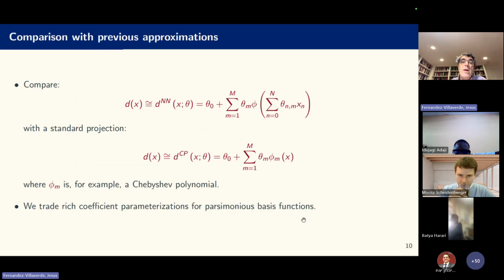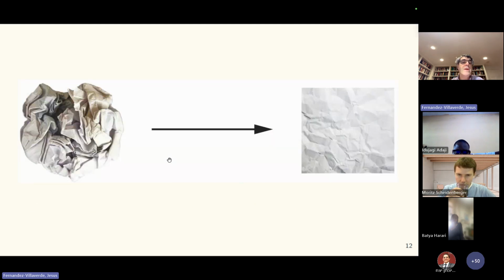A standard way to think about it is a famous example of unwrapping a three-dimensional ball. Imagine that what we want to do is to approximate a ball of paper like this one. That's just a function approximation problem like any other, except that it's extremely complex because a three-dimensional ball is very, very convoluted with all these ridges and irregularities.